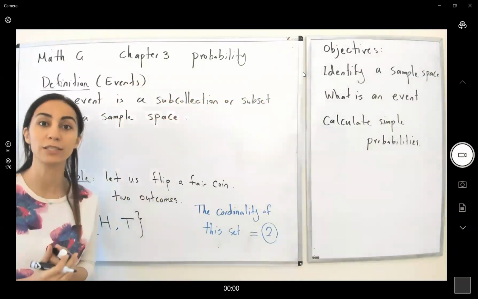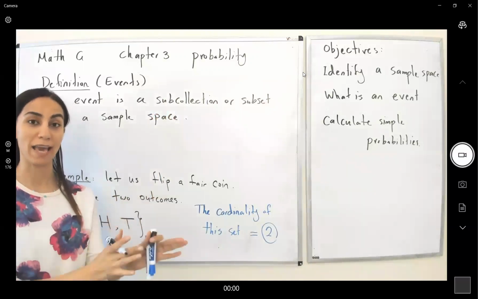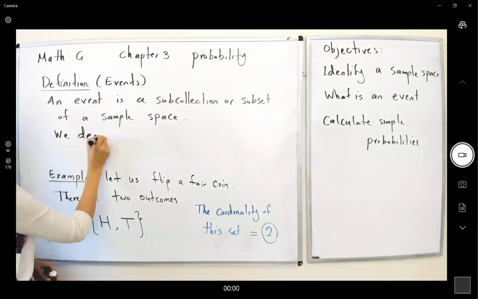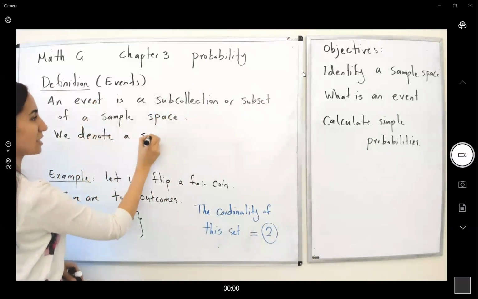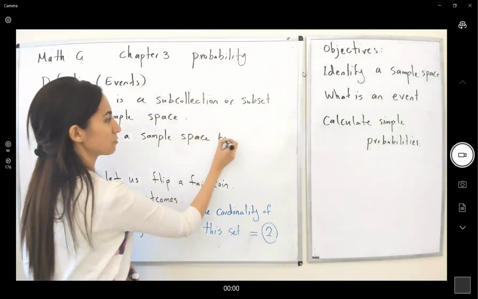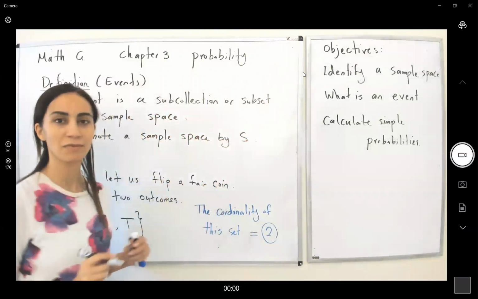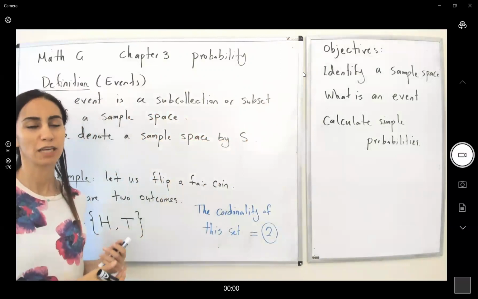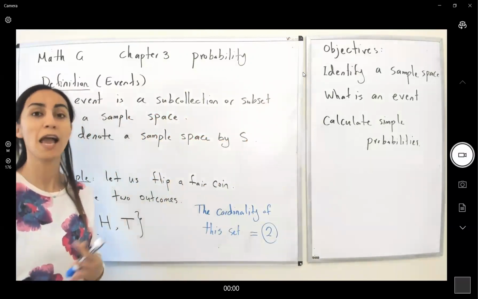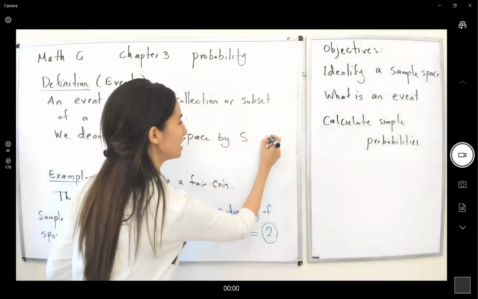We usually denote a sample space by S. And for events, we can use A, B, C, E, F, and so on.